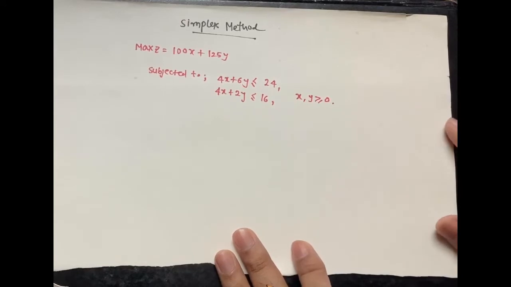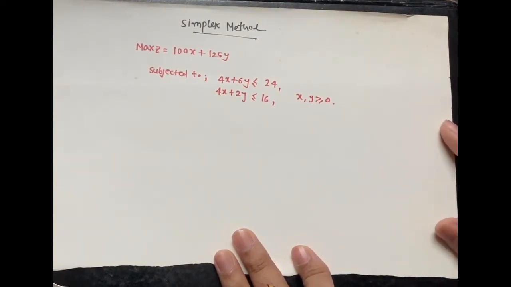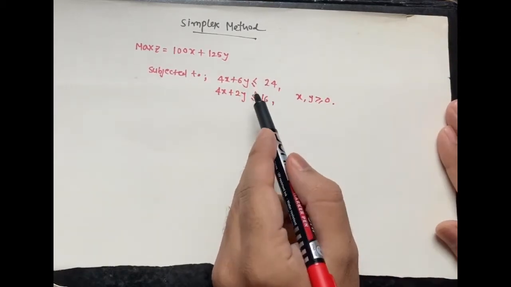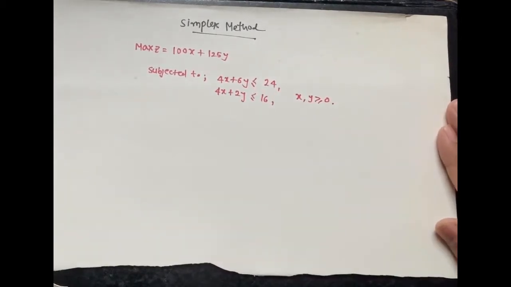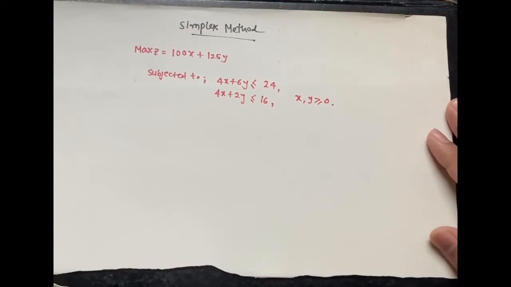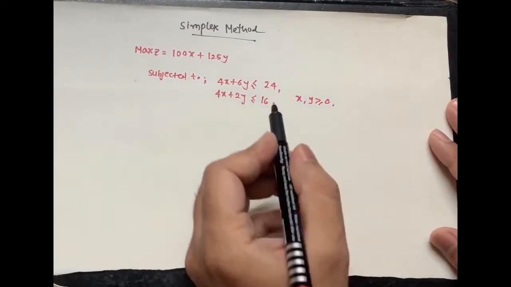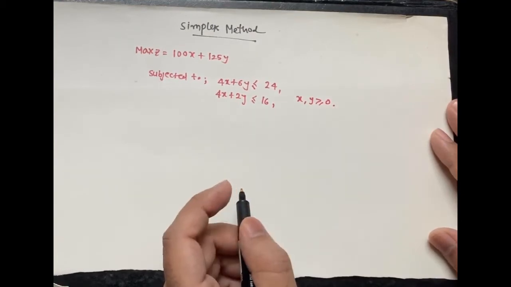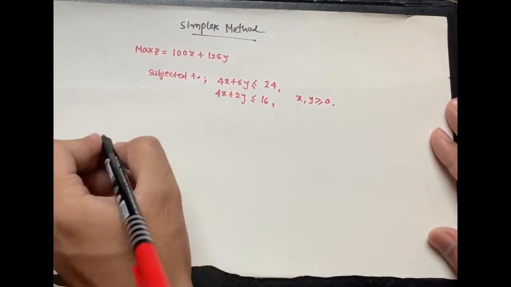So the very first step in the simplex algorithm is that these inequalities that I have, I require to convert into equalities. And for converting these inequalities into equalities, it becomes essential for us to introduce a slack variable.